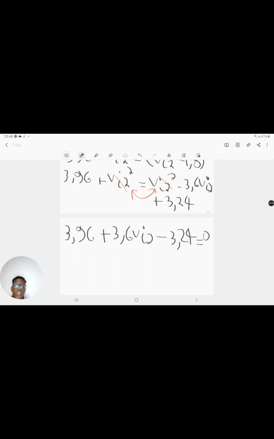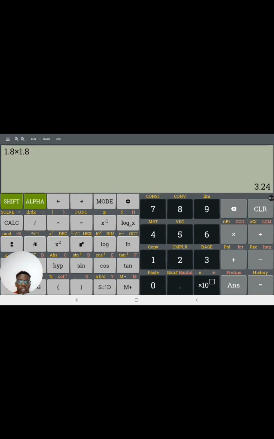I wasn't supposed to bring everything to one side, but it's just mathematics. Let's just solve. So what is 3,96 minus 3,24? It is 0,72.